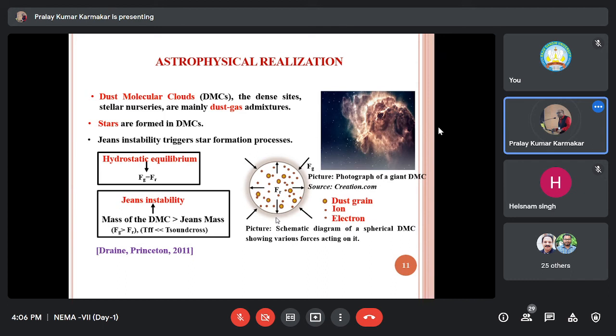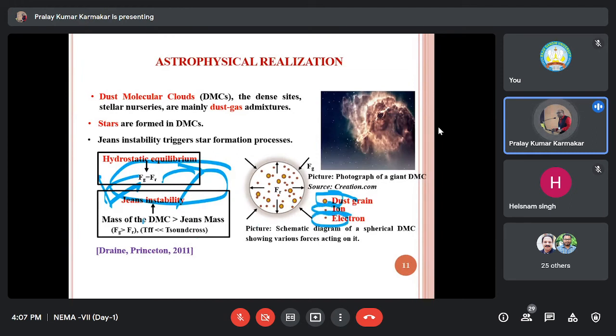Protostars, after that stars. In this case, hydrostatic equilibrium is defined by your radiative force, and this is your inward gravitational force, at the cost of your contraction. In the dust molecular cloud, as you know already, these are your dust grains, these are your hydrogenic ions, and these are your electrons.